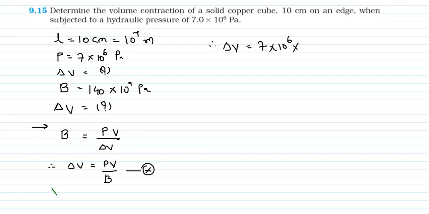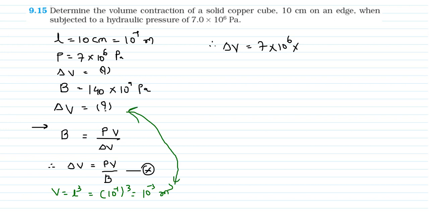ओके यू कैन सेट इज इक्वेशन नंबर स्टार. यहाँ पर मैं फाइंड कर लेता हूँ साइड पर, दैट इज द वॉल्यूम V इज इक्वल टू एल क्यूब. एल क्या है? 10 रेज टू माइनस 1 का क्यूब, दैट इज द 10 रेज टू माइनस 3 मीटर क्यूब. ये आपको यहाँ पर लिख लेना है.